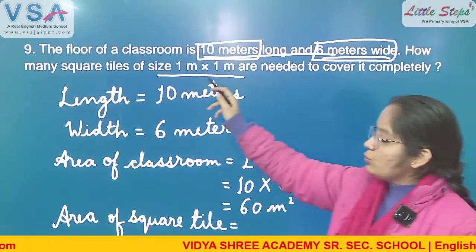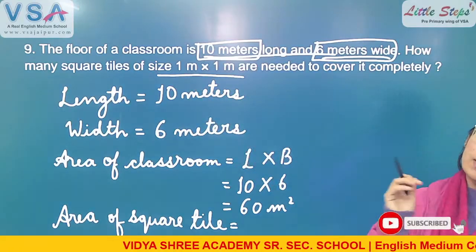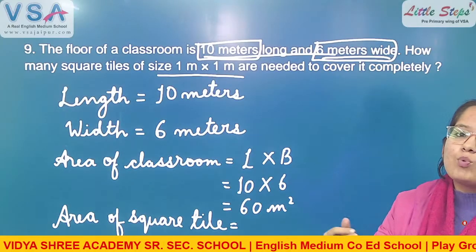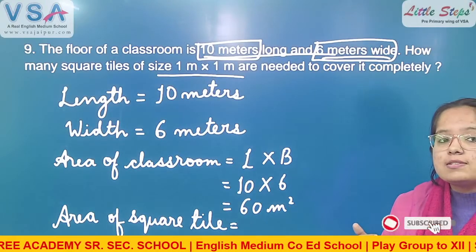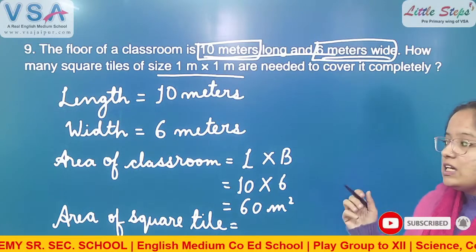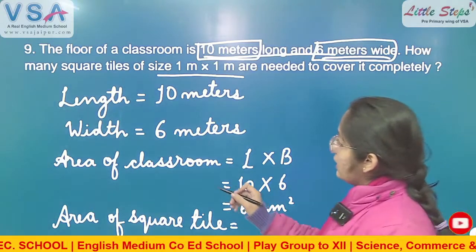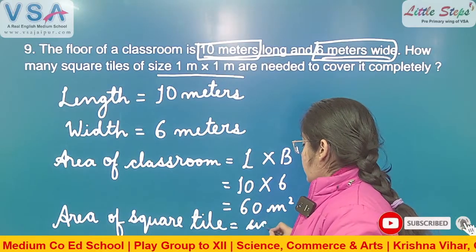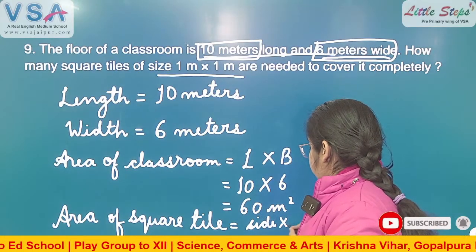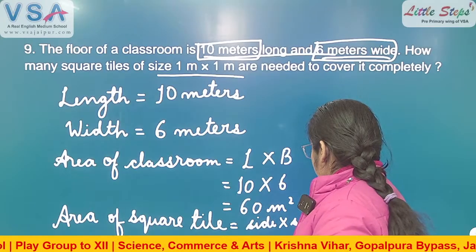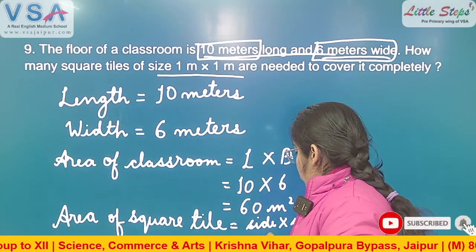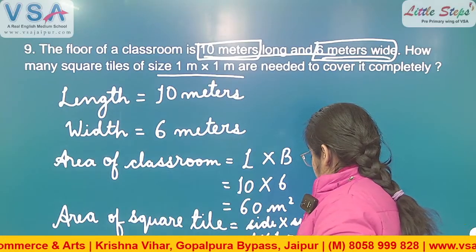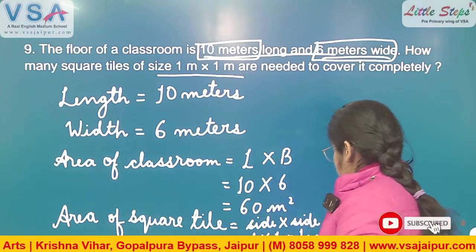It has been given to us 1 meter into 1 meter. 1 meter into 1 meter means the length is same and the breadth is same. If both of the dimensions are same, the shape must be square. So area of square tile is side into side, that is 1 into 1, which is 1 meter square.